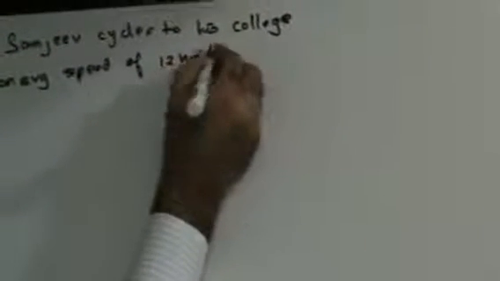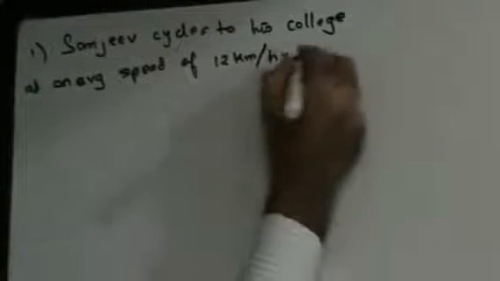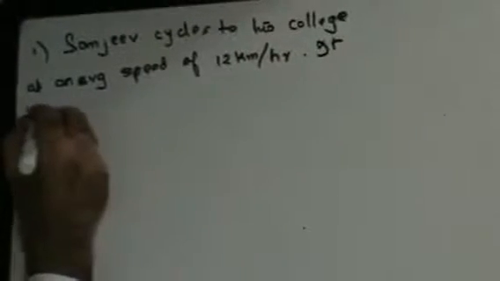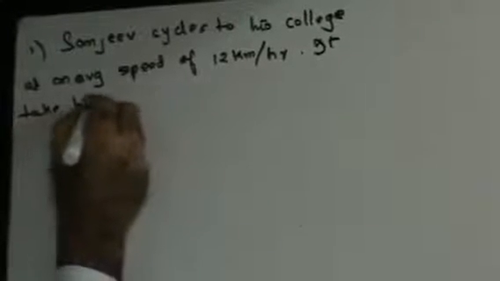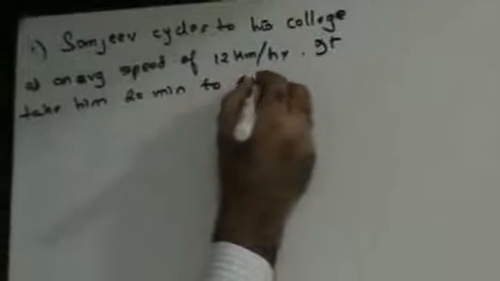Sanjeev cycles to his college at an average speed of 12 kilometers per hour. It takes him 20 minutes to reach college.